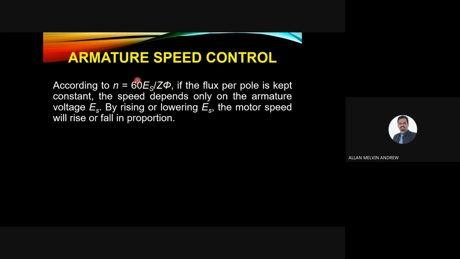So when we increase the supply voltage, the motor speed will increase. That's why we directly connect a DC motor to a battery. When we increase the voltage of the battery, we can see the DC motor rotates faster because of this principle.